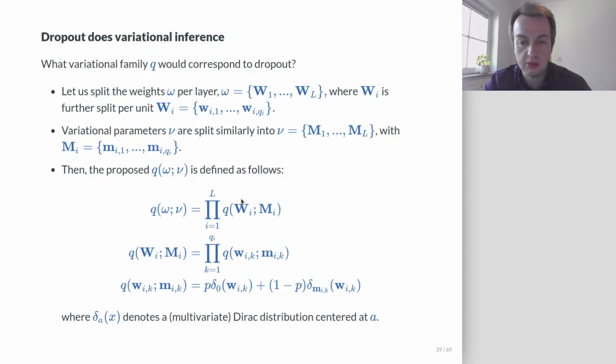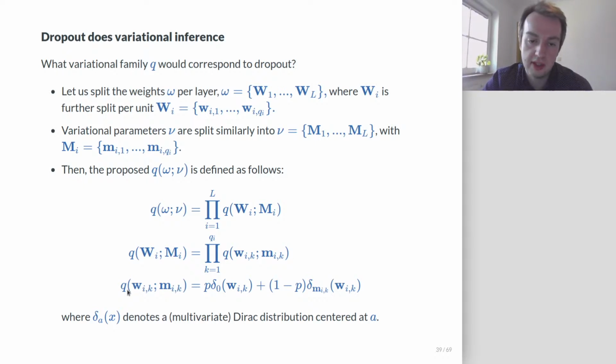This distribution Q of Wi depends on the corresponding variational parameters associated with the layer, meaning Mi. And then this distribution over matrices is further factored as a product of distributions over vectors.